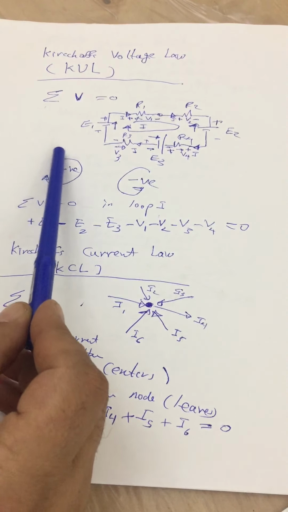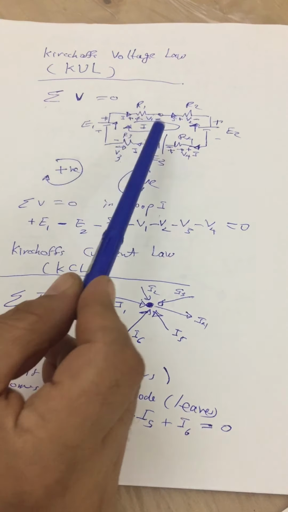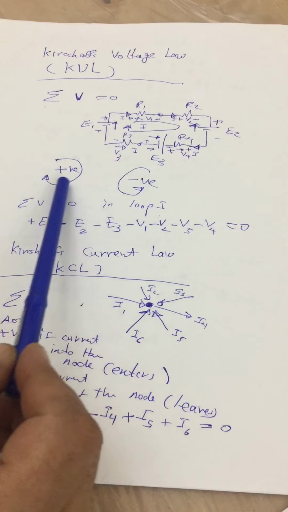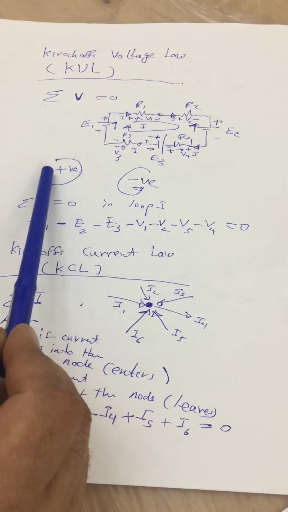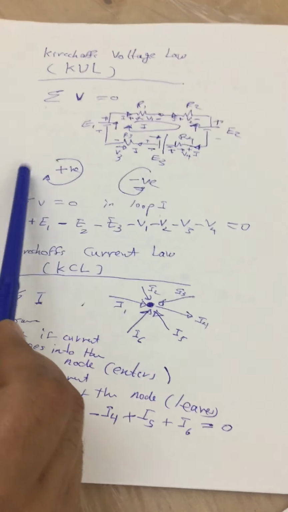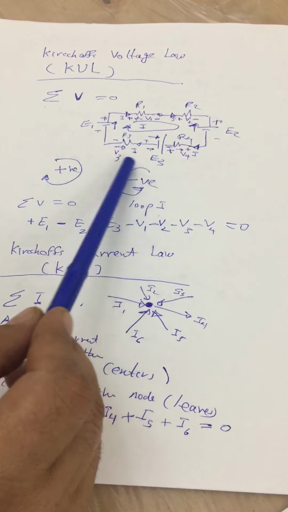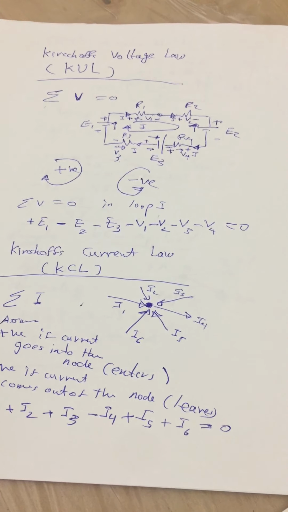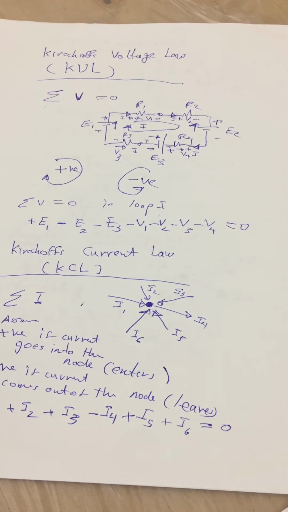If we assume the loop direction is clockwise, we take the clockwise direction as positive, then the anti-clockwise is assumed to be negative. So the sum of all voltages is 0.